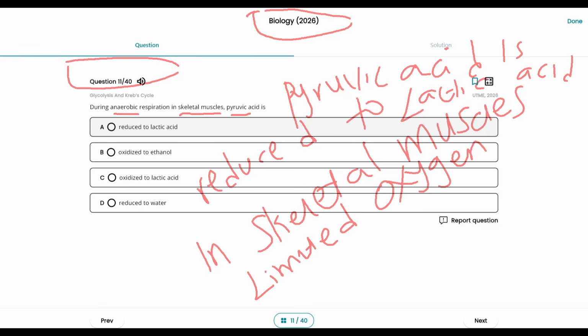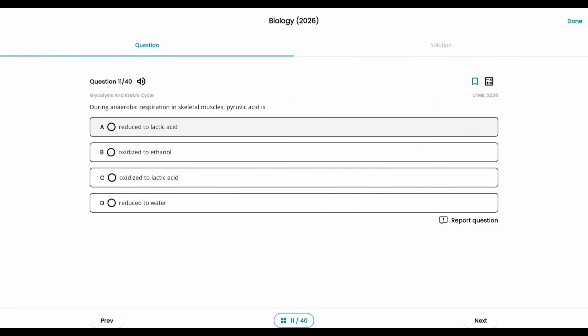Okay? During anaerobic respiration in skeletal muscles, most especially during intense exercise, pyruvic acid is reduced to lactic acid.